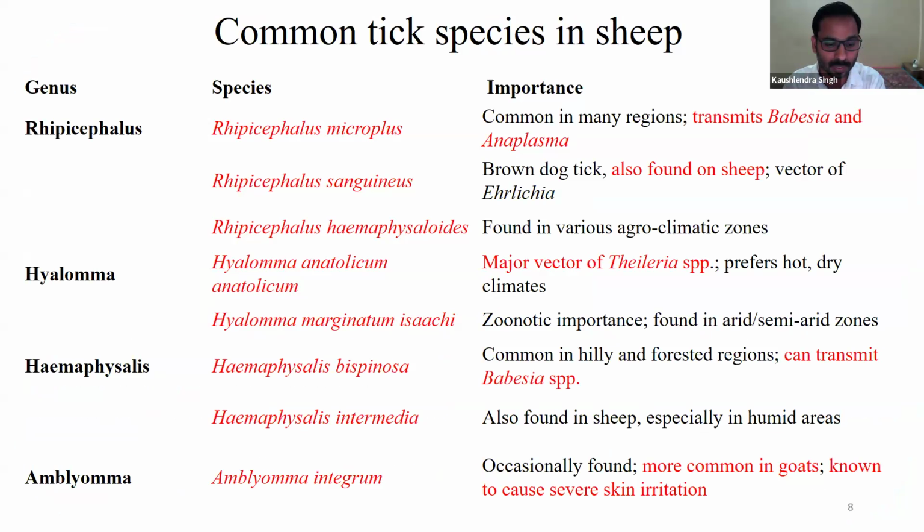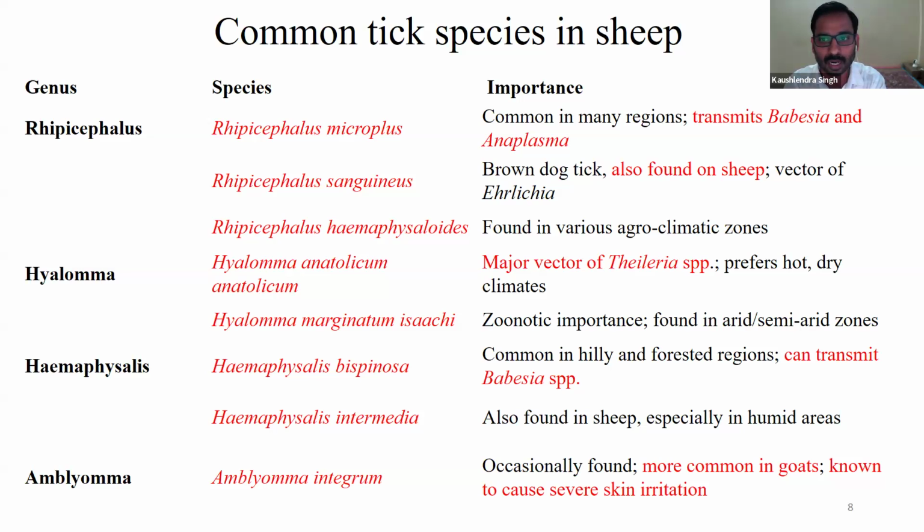Come to the common tick species in sheep and goat. Rhipicephalus, Hyalomma, Haemaphysalis, and Amblyomma are commonly reported from different parts of the country. These tick species are responsible for the transmission of disease. For example, Rhipicephalus microplus transmits Babesia and Anaplasma.